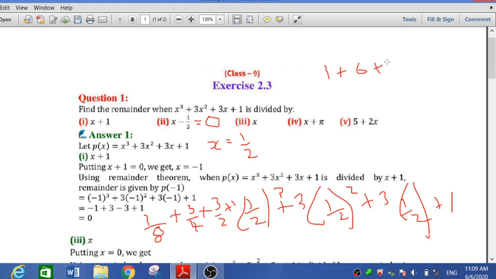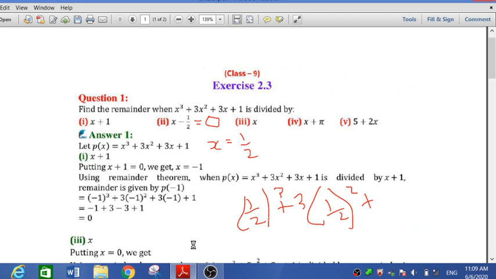So 4 threes are 12, plus 8 ones are 8. And here we have to write LCM 8. So 1 plus 6 plus 12 plus 8, that is 27. Answer is 27 upon 8. I have to write 27 upon 8. That is my answer in second, because x equal to 1 by 2 I have to put.